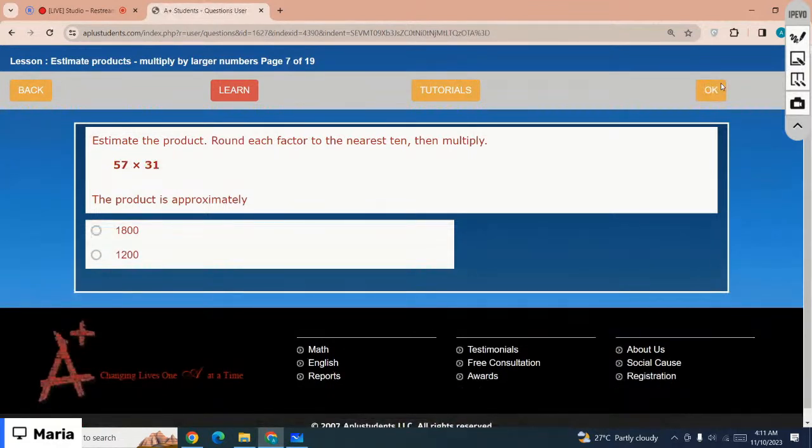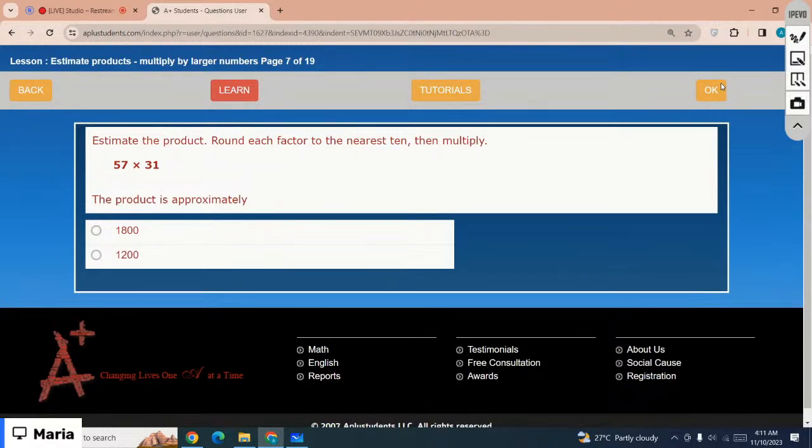Okay, the next one is 57 times 31. So 57 is rounded off to 60, and 31 is rounded off to 30.